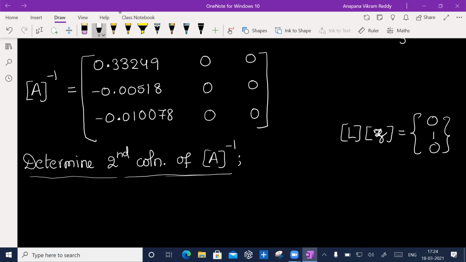Now again, same story. Now again, you have to go for Ux equal to Z. You find Z from this, you plug it in there in Ux equal to Z. You find out X, then that will give you the second column of A inverse. I will do this second column of A inverse, third column, please you do. Meanwhile, you please do. Don't wait on me.